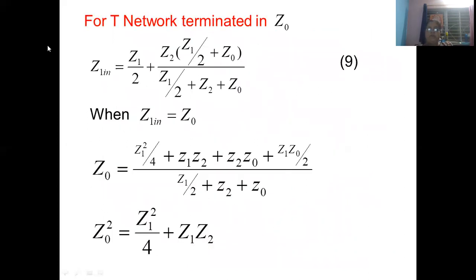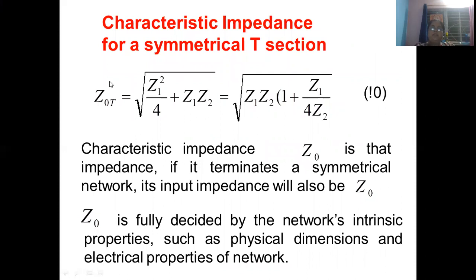We have derived this with the help of the network. So in this case, the characteristic impedance will come as the square root of Z1 square by 4 plus Z1 into Z2. Now this is the characteristic impedance for a symmetrical T section.